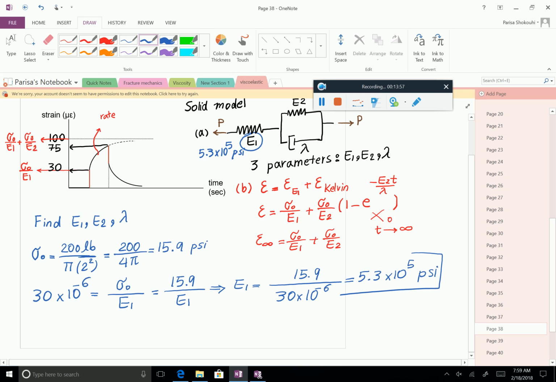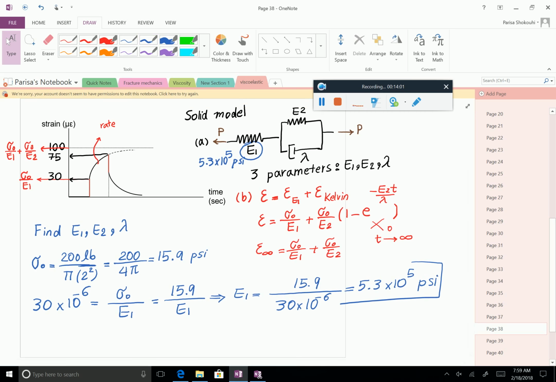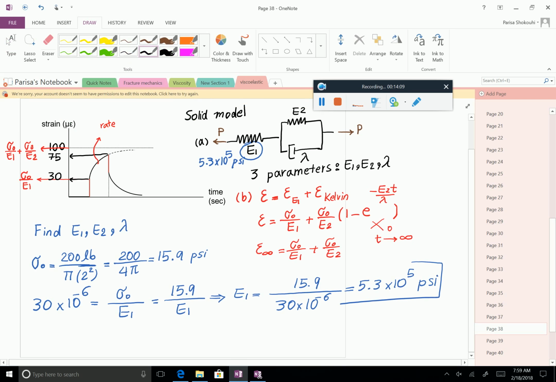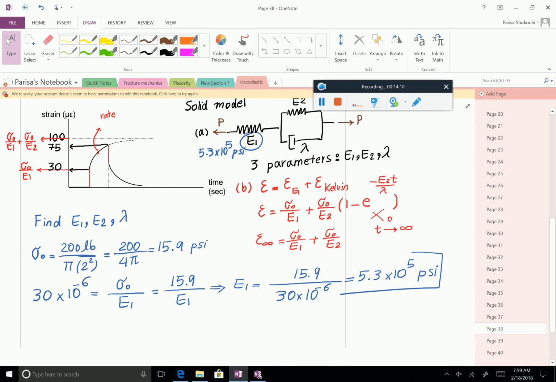Great. So let's see if we can get E2. That should be easy too, because we know that the asymptotic curve approaches sigma 0 over E1 plus sigma 0 over E2.